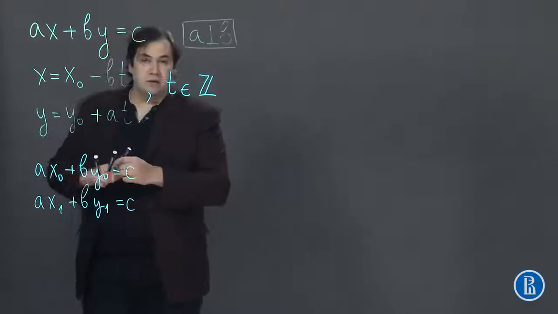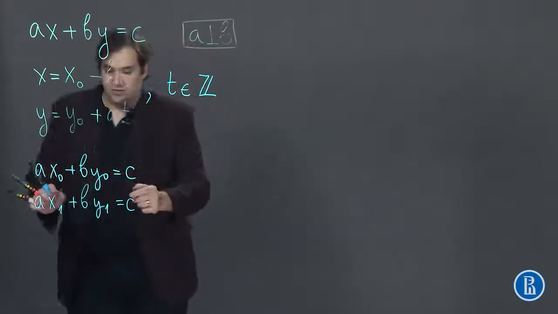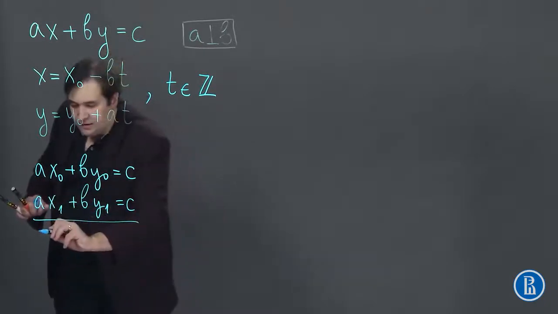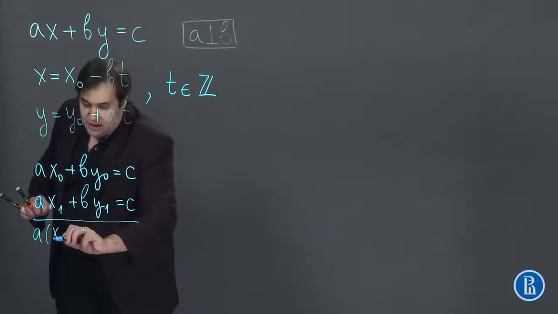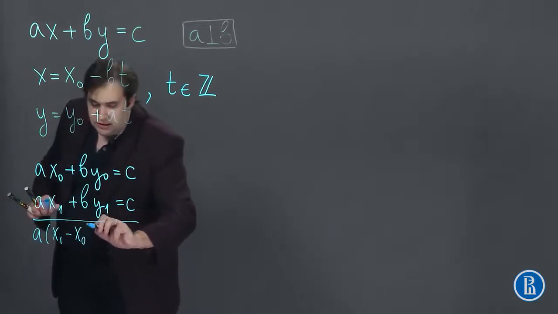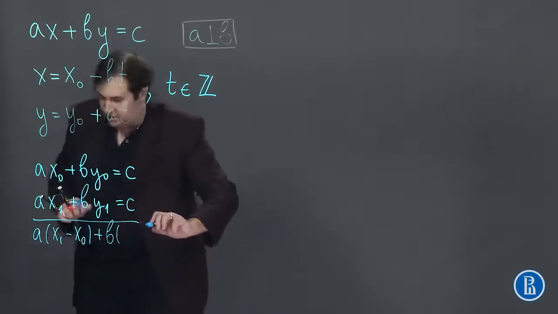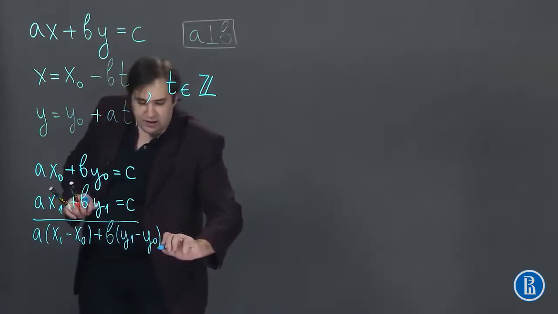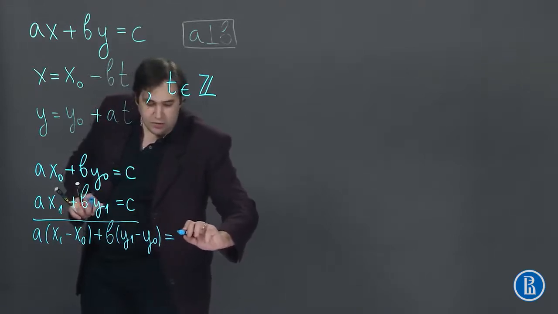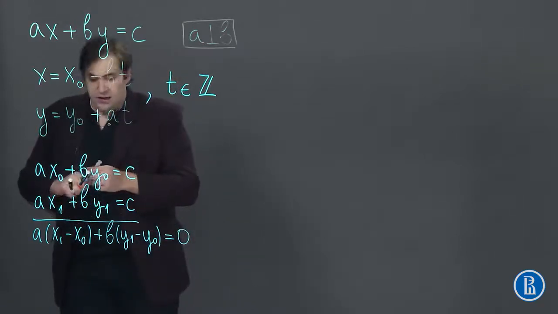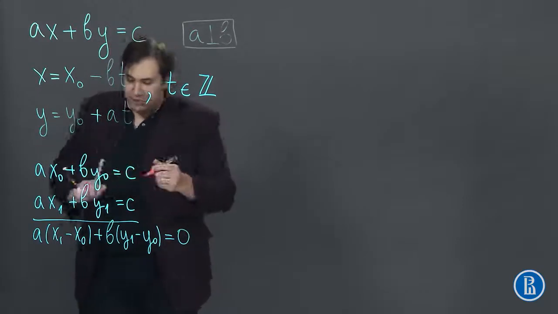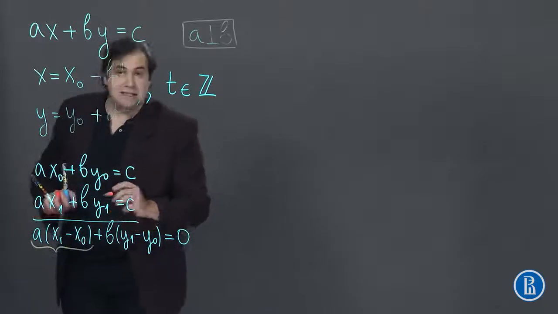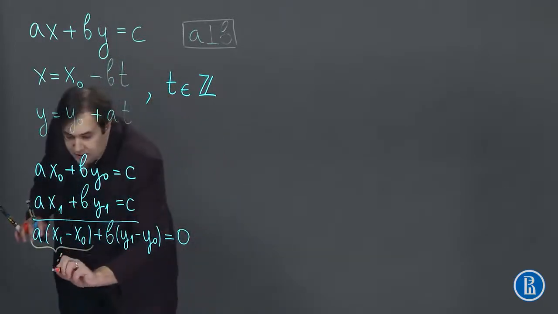So we subtract one equation from another and see that a multiplied by (x1 minus x0) plus b multiplied by (y1 minus y0) is equal to 0. Thus, we see that a multiplied by (x1 minus x0) is divisible by b.